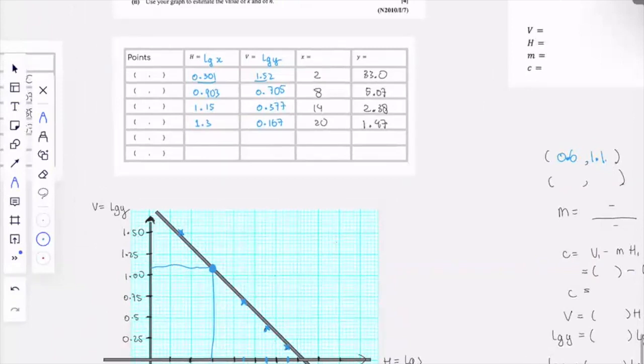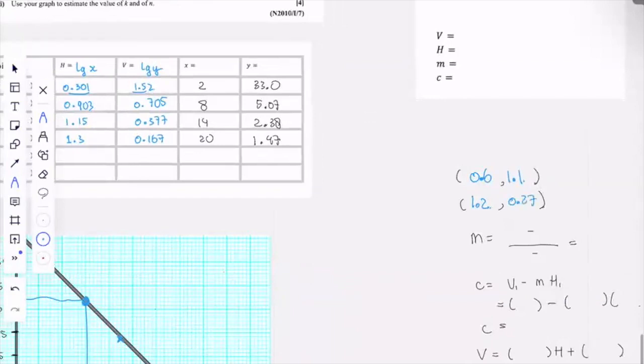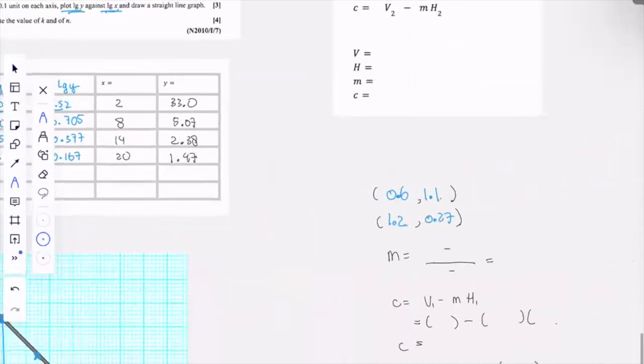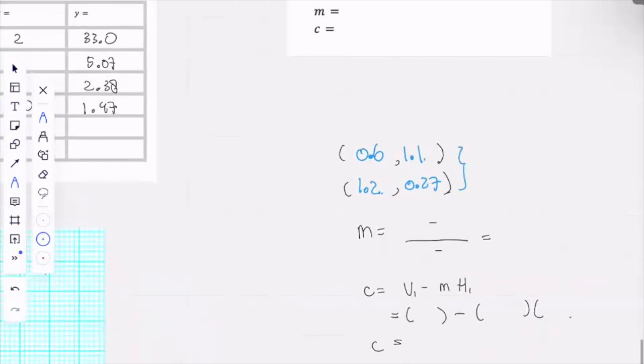How about another number, the one that is easy to read? 1.2. It's not really going to be accurate. But let's say, okay, 0.27. I think it's about 0.2. Yeah, we pick 2 points from the graph.